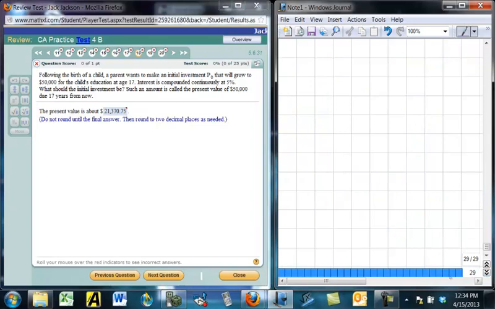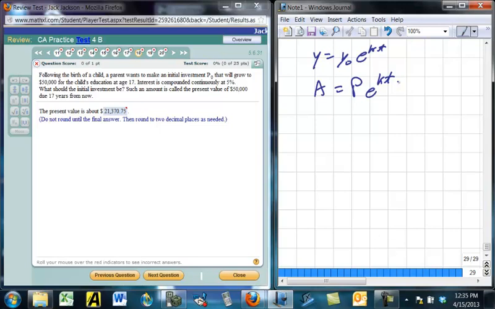Following the birth of a child, the parent wants to make an initial investment of P sub 0 that will grow to $50,000 for the child's education at age 17. Interest is compounded continuously, so that's y equals y sub 0 e to the kt, or A equals Pe^(rt), like that.